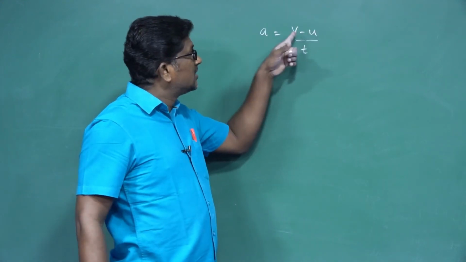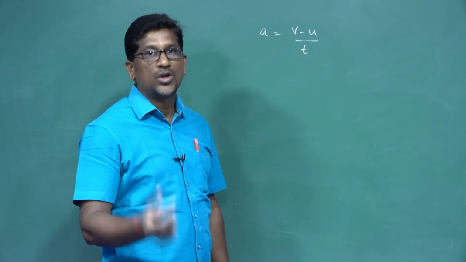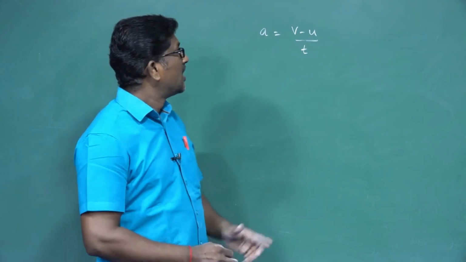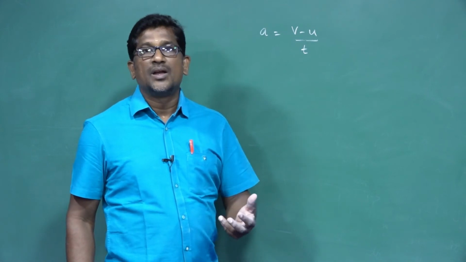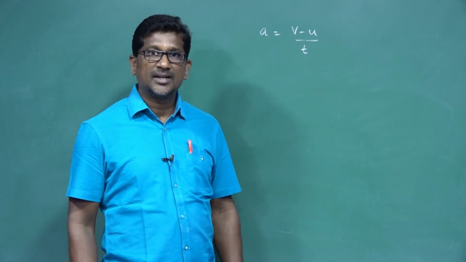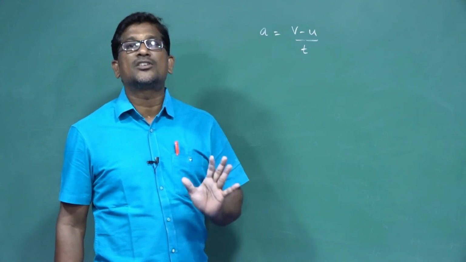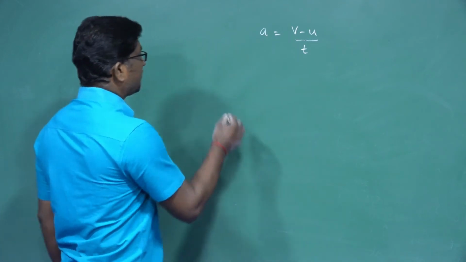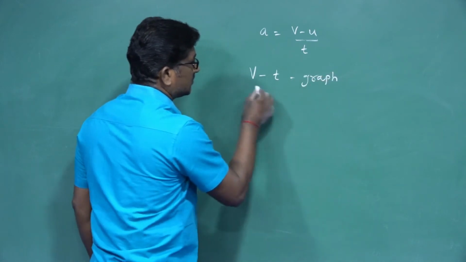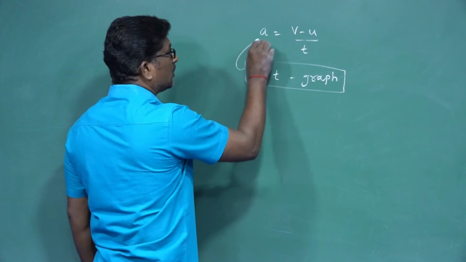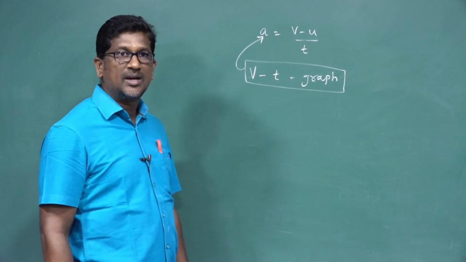The acceleration of the particle can also be determined from the Vt graph, which means the velocity-time graph. From the Vt graph, we can calculate the magnitude of acceleration of the particle.